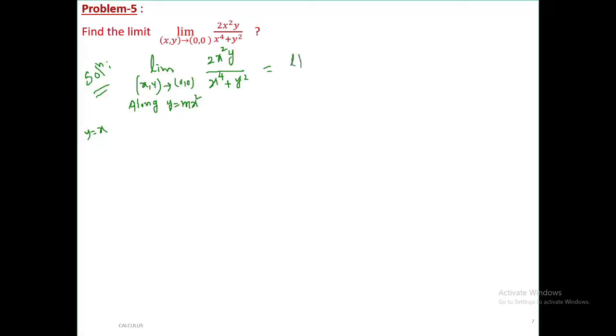Now if we simplify this, limit (x, y) is reaching to origin along y is equal to mx square. So now 2x square, and y is mx square, so that x power 4 is generated. And in the denominator also x power 4 is generated, that will be cancelled. X power 4 plus y square, that means mx square whole square.